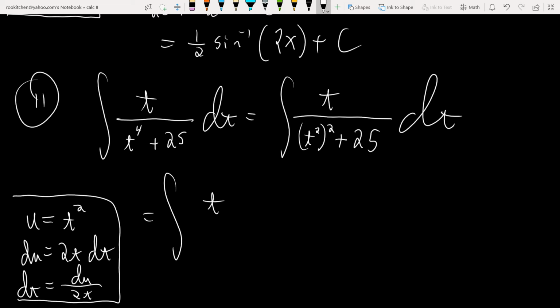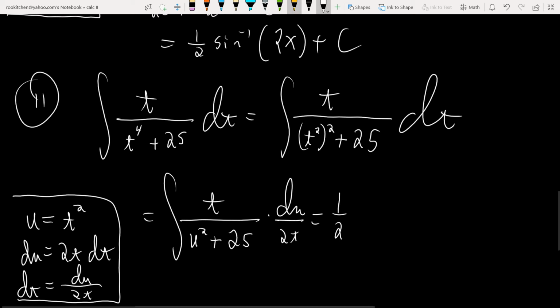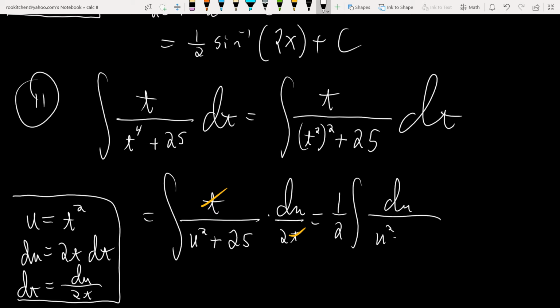So we get the integral of t all over u squared plus 25 times dt, which is du over 2t. You can factor out 1/2. The t's are going to say goodbye. And then we have our template form of du all over u squared plus a squared, where a is clearly equal to 5.